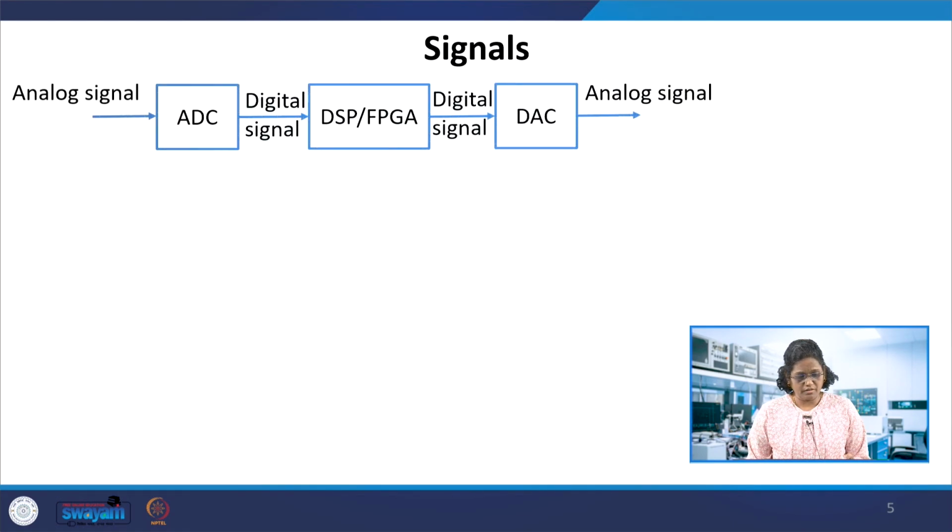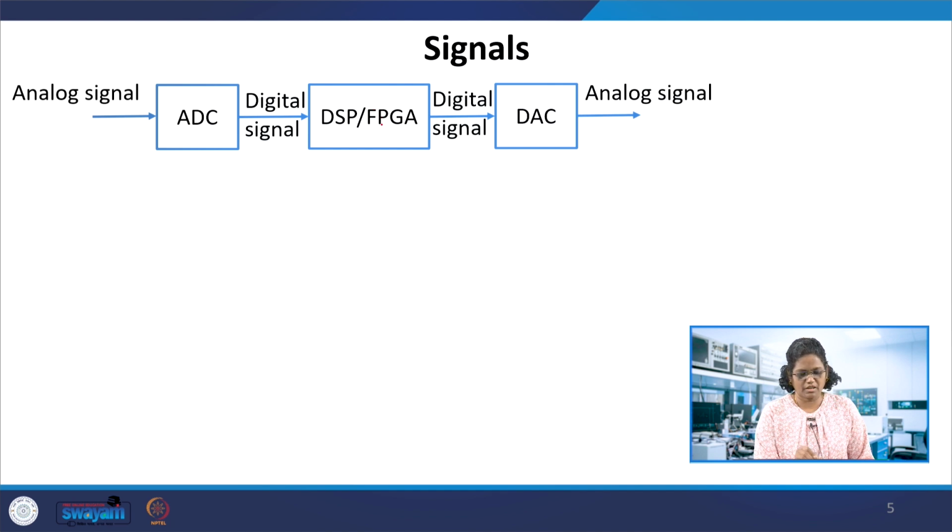So if we take this in the DSP system, the real world is analog. So whatever we do in the digital domain, we then have to come back to the analog world. So the analog signal is passed to the analog to digital converter and we get the digital signal. After that, the DSP or FPGA processes that signal.